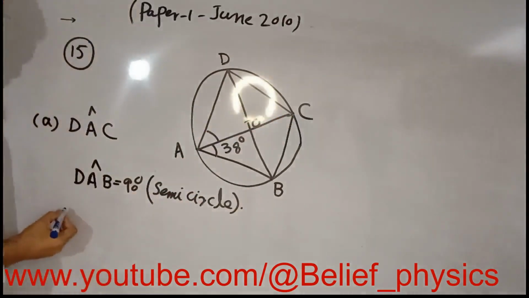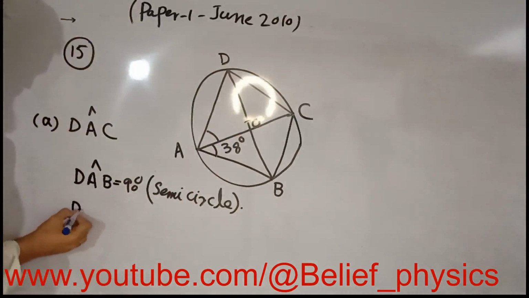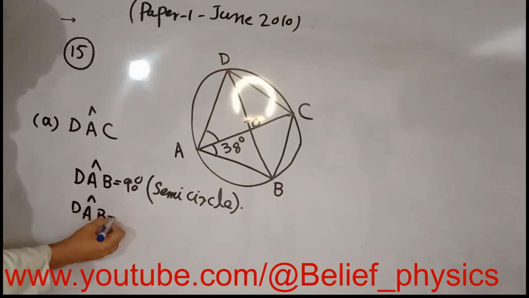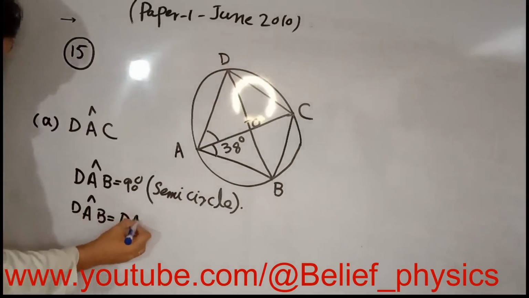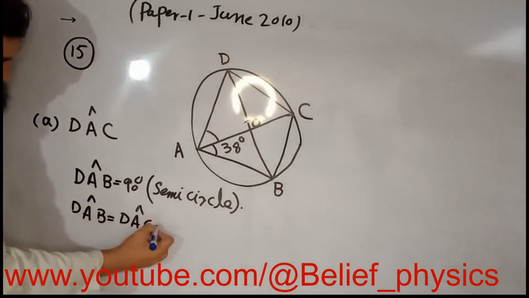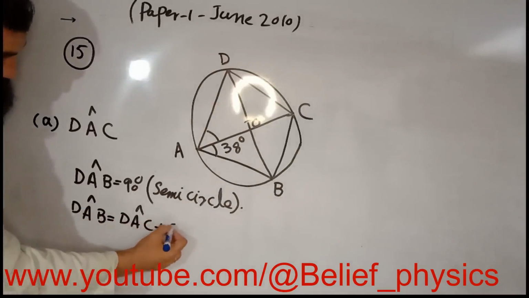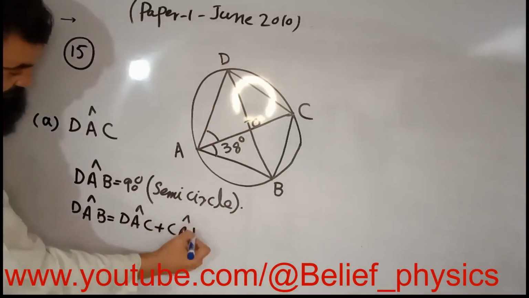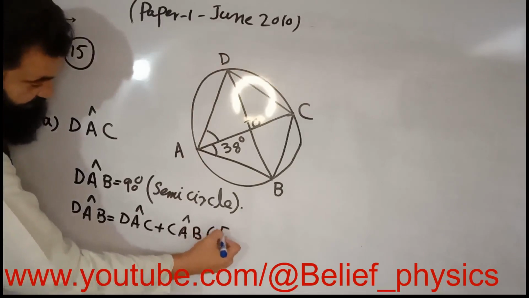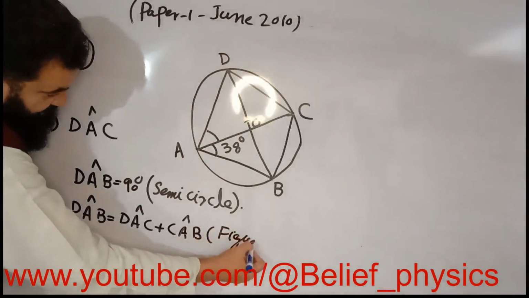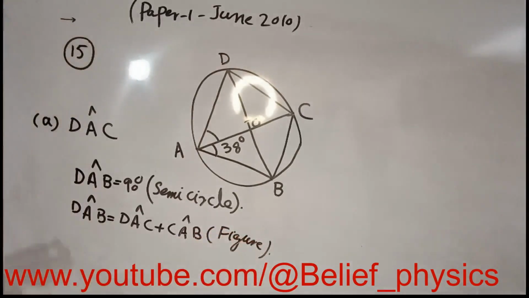Therefore, we can write that DAB is equal to DAC plus CAB. It is evident from the figure. Okay.